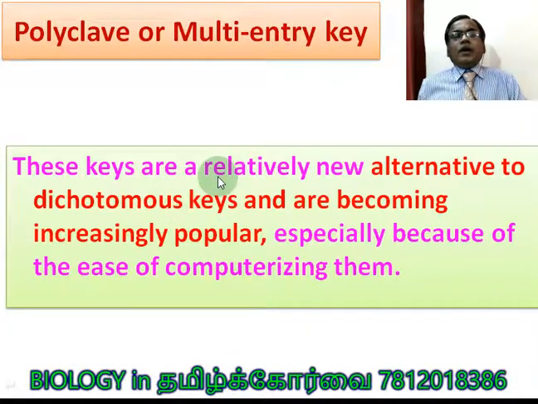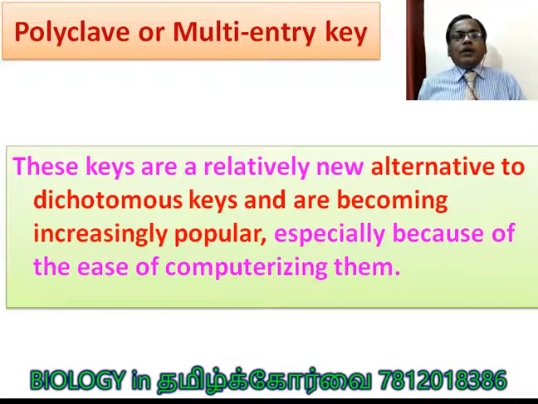These keys are a relatively new alternative to dichotomous keys. Already we learnt about the dichotomous keys with respect to the four genera of the Solanaceae. In the dichotomous key, at any given point there will be two couplets, that is, two contrasting statements.